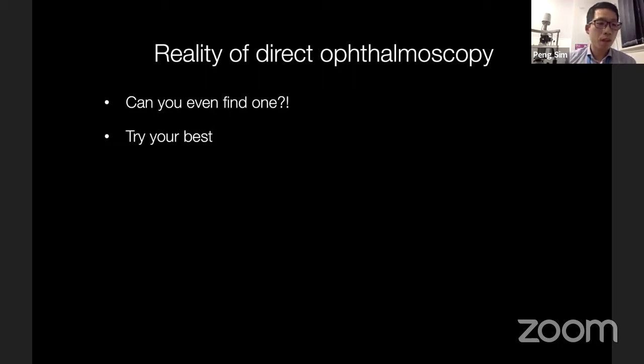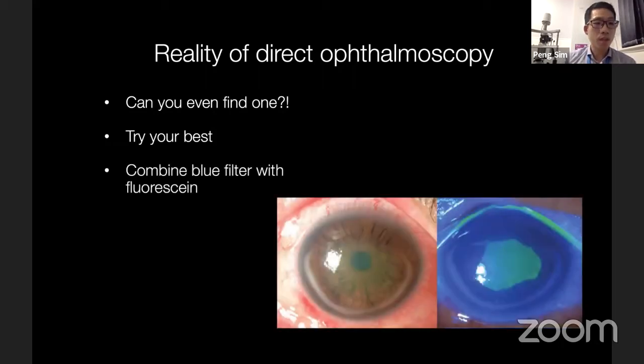And from a practical point of view, in a non-ophthalmology setting, I believe the direct ophthalmoscope is only really useful for its blue filter, which you can easily find. You can combine this with fluorescein drops that you can easily find in A&E, and it can help you identify any corneal problems.